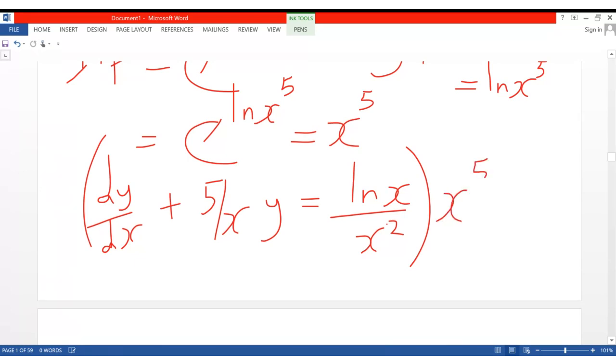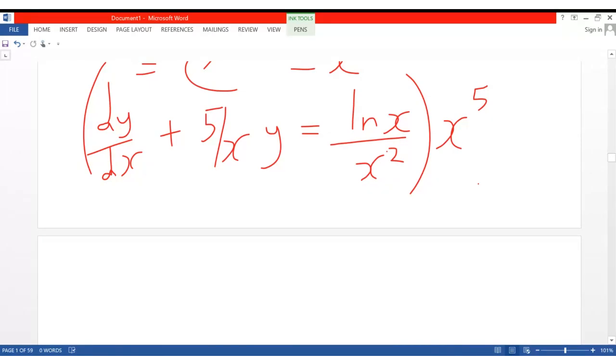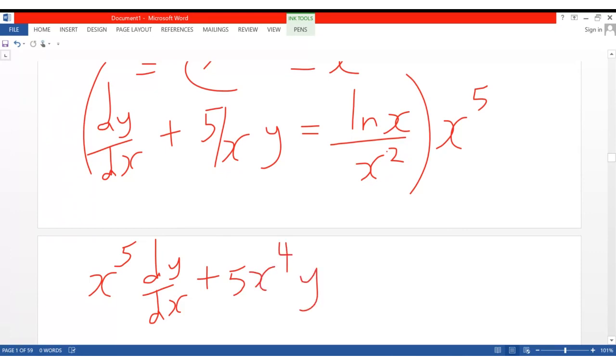If I multiply that one, I'll get x to power 5 dy/dx. Then if you multiply this one, you remain with 5 x raised to power 4 y. I've cancelled one of the x with that one, and here you'll get x to power 5 all over x squared, you remain with x raised to power 3 ln x when you cancel.